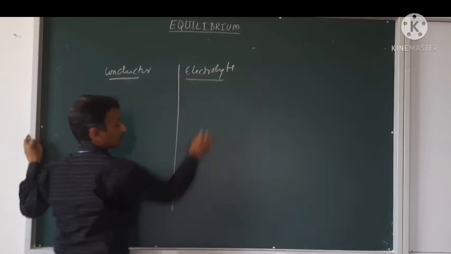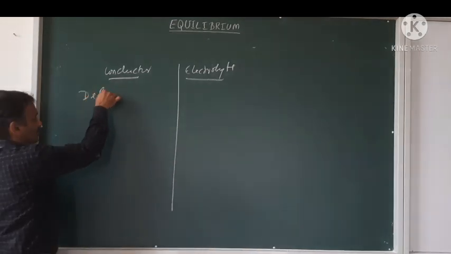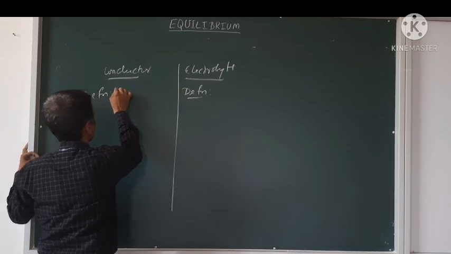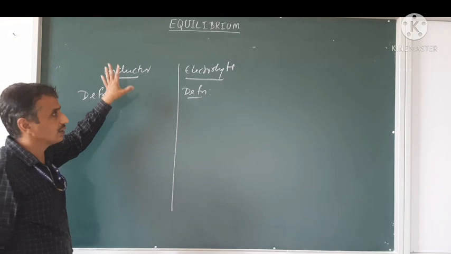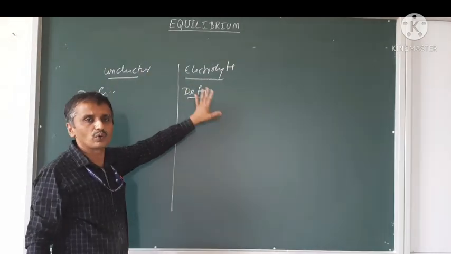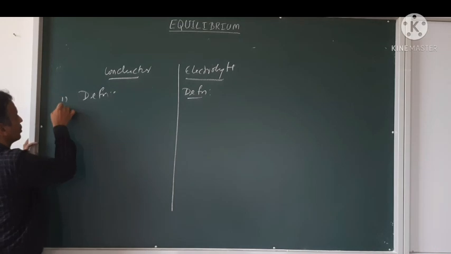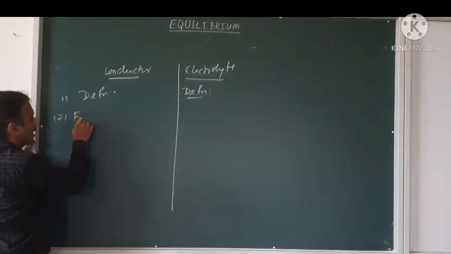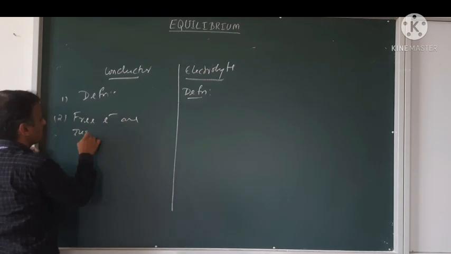Differences. First one is the definition. You write down the definition, that will become the difference only. In the solid state itself they conduct, whereas electrolytes conduct only in the aqueous or molten state. Second one, in the conductor, free electrons are responsible for conduction.